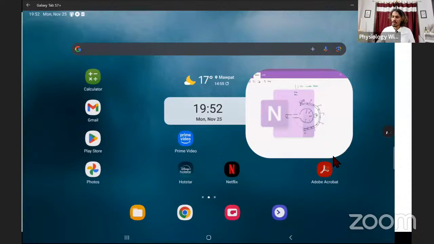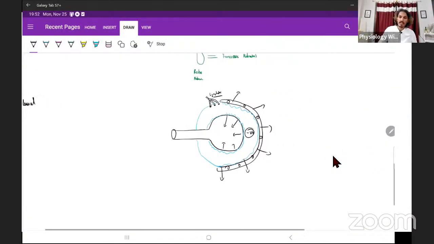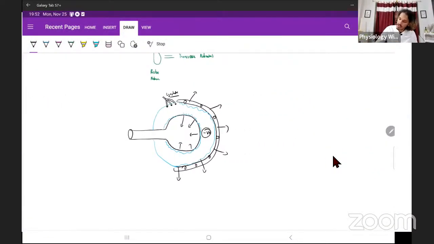Now, the negative intrapleural pressure is usually more at the base of the lung. So when you draw a lung, the intrapleural pressure is different. Usually, at the base, it is around minus 2.5 to minus 6 millimeter mercury. By the time it goes here, it is more, minus 10 actually here.